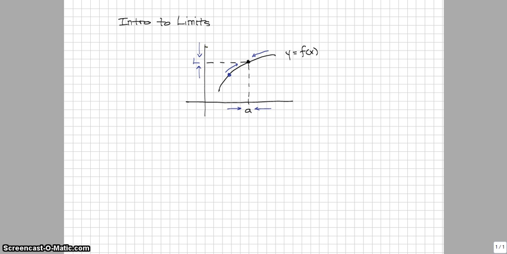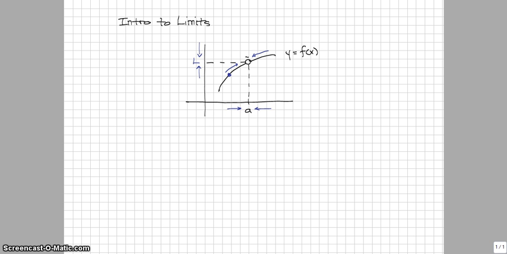An important thing for us to notice or to know about this situation is that it turns out that we don't actually have to have a value for f of a.